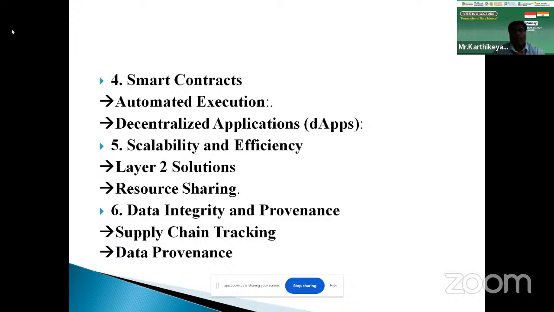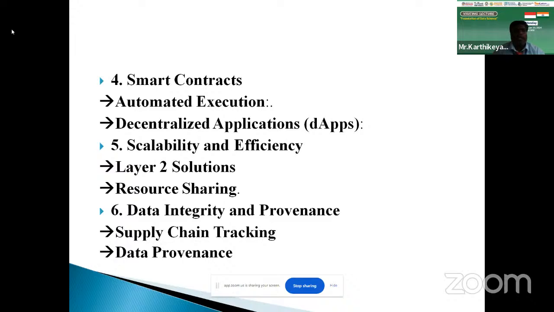And next one, scalability and efficiency. This scalability and efficiency has layer 2 solutions and resource sharing. The layer 2 solutions, techniques such as state channels or side chains, are used to enhance the scalability of the blockchain network.